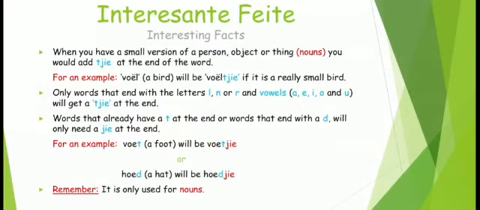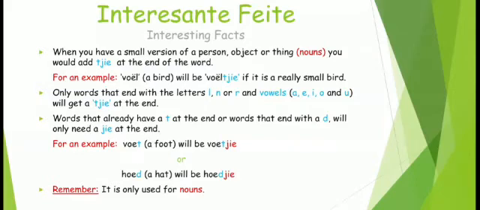For an example, voet, which is a foot on your body, has a t at the end. This will be voetjie. You just add the j, i, e at the end, not another t. Or hoed, which is a hat, ends with a d, so that will be hoedjie, and you will not add another t because the d is almost like a t in Afrikaans.